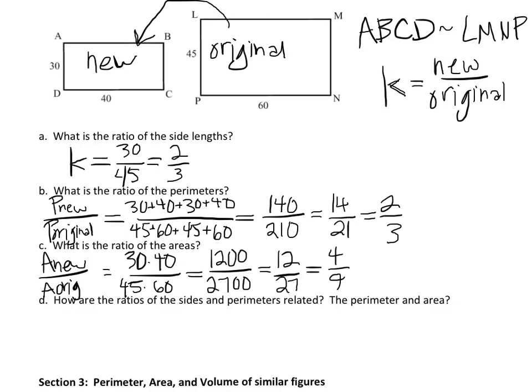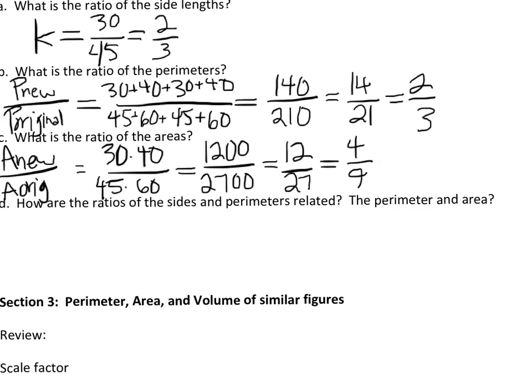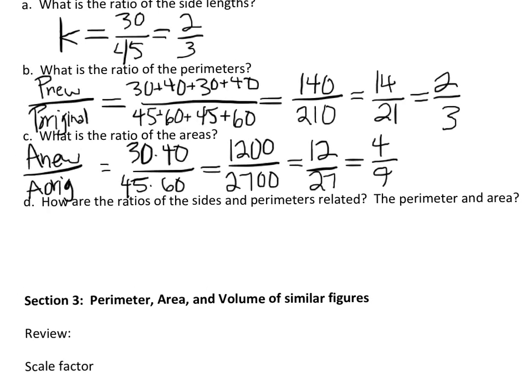And so I see that the scale factor for the ratio of the areas is different than the ratio of the perimeters. And so this last question asks me to look at that and decide, what do I think is the relationship between those? So I see that the ratio of the sides, well, that's 2 over 3.